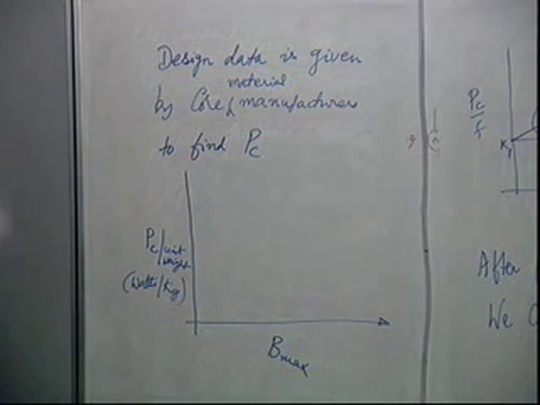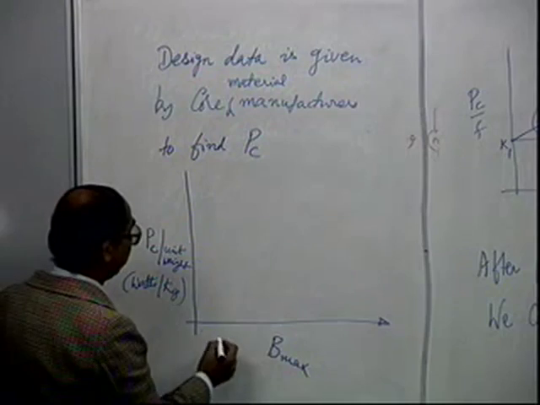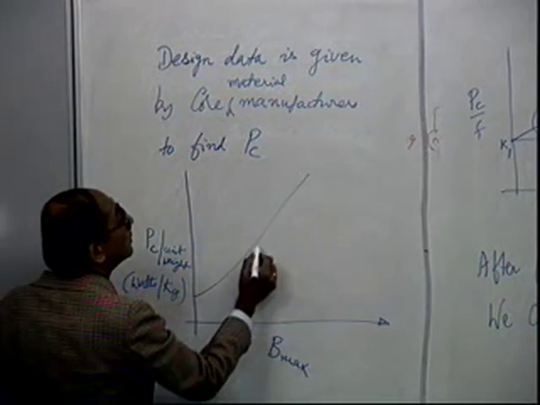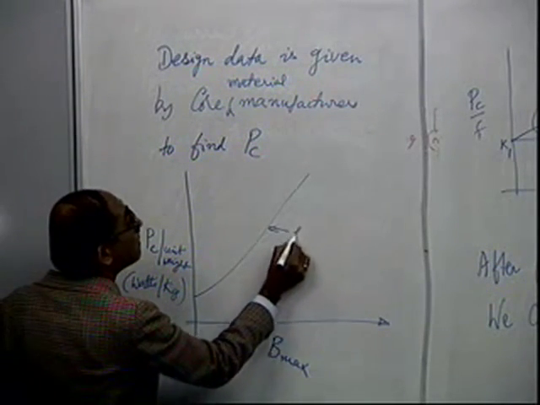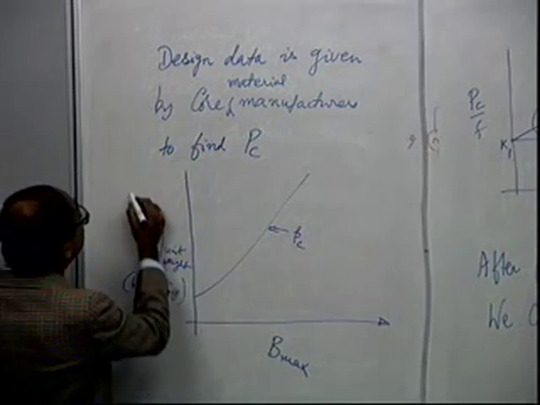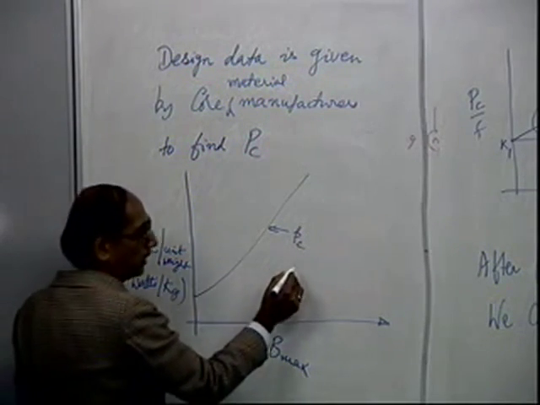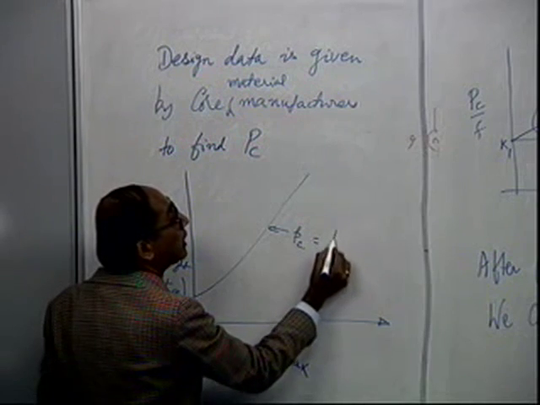Watts per kg of core loss it will give you. So this is, let us say, PC, that is the power density.